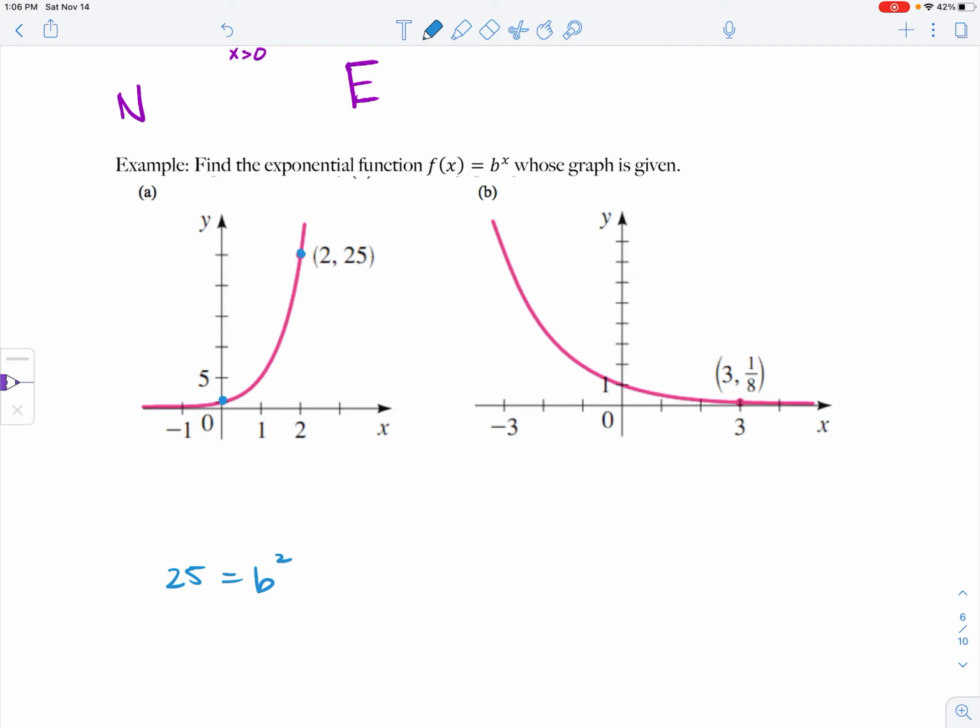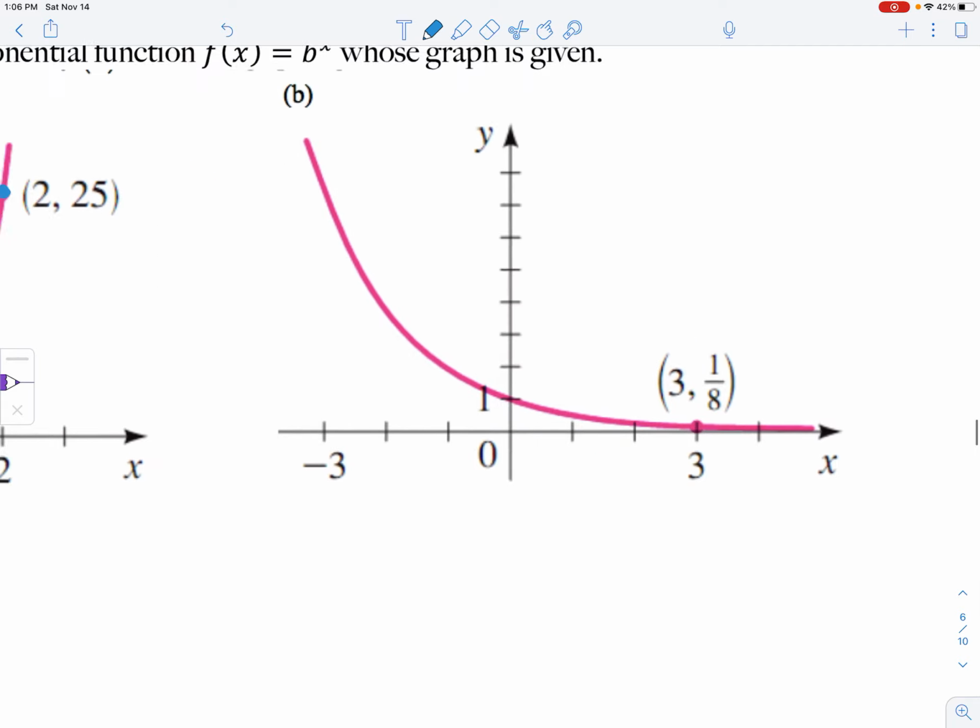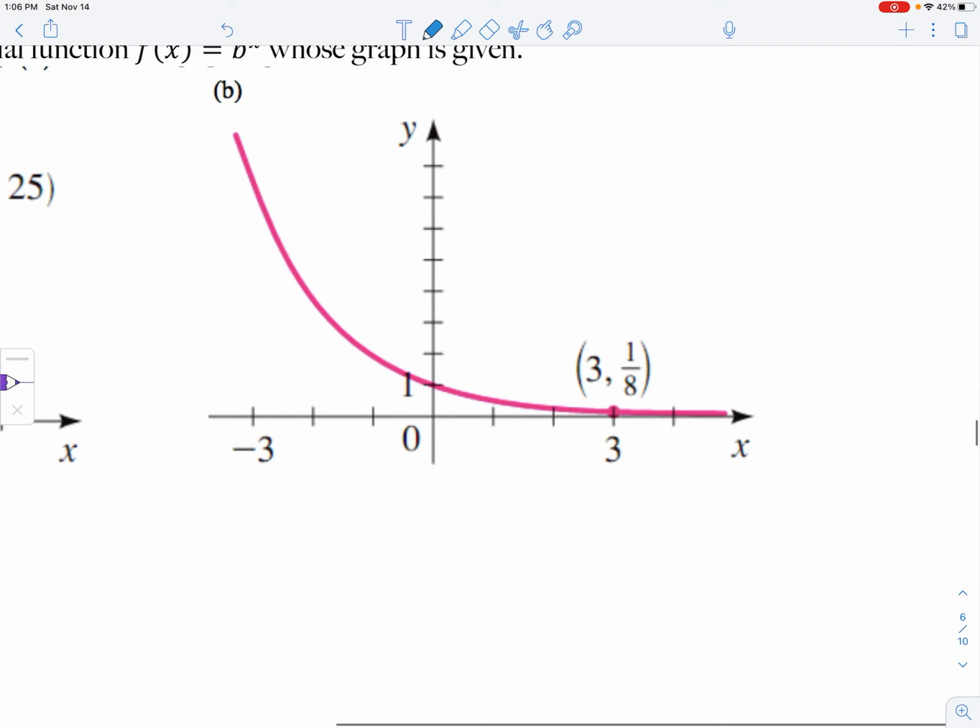You could even set up the equation, because we know another point on here. 25 equals b to the second power, where b would end up having to be equal to positive 5. Remember, can't be negative, so can't be negative 5. So the function that describes this graph would be y equals 5 to the x power.